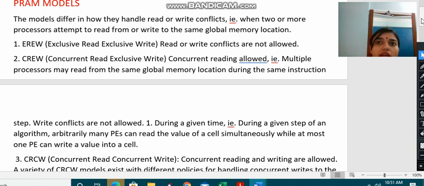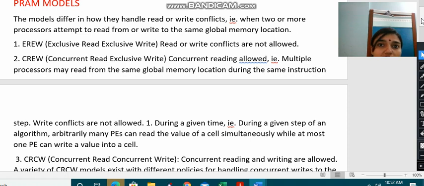The first one is EREW, CREW and CRCW. EREW means exclusive read and exclusive write, and here it acts as a sequential computer. Only one processor will get activated, only one processor will read the value, and that processor will write into the global memory. The next model is CREW.